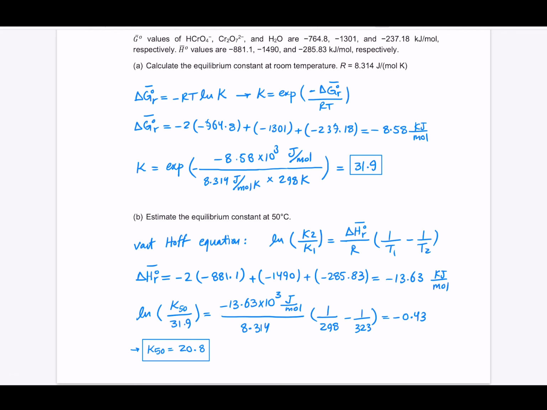Okay, pretty straightforward. What we did was basically using some of the information we had about the species, which was G0 and H0, to talk about a reaction. We know how to go from species to reaction. And then we did it for one temperature. Later, we did it for the second temperature.